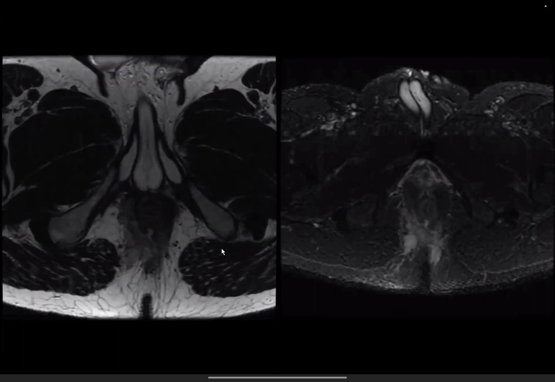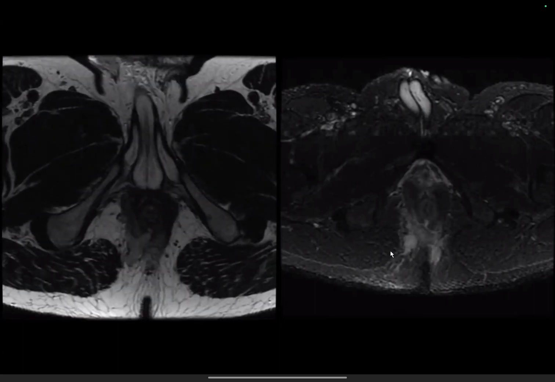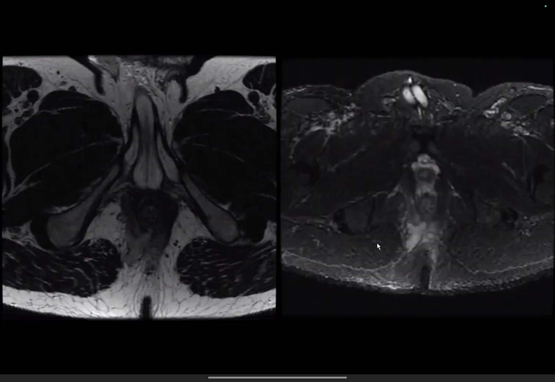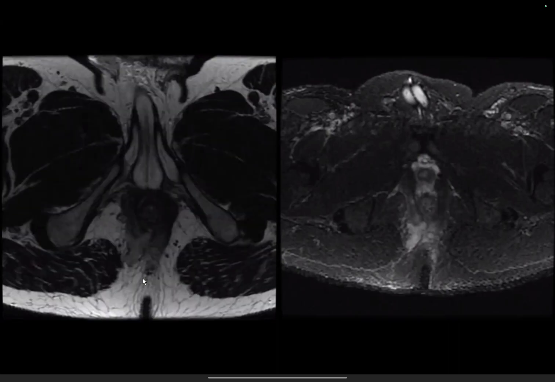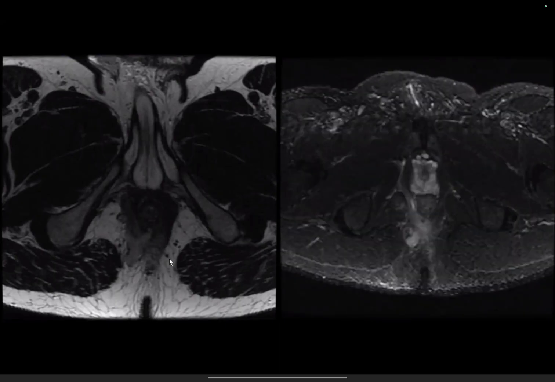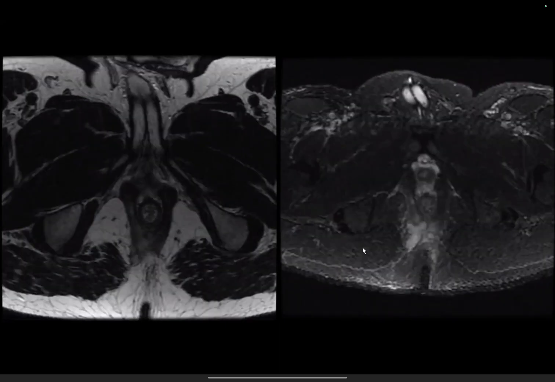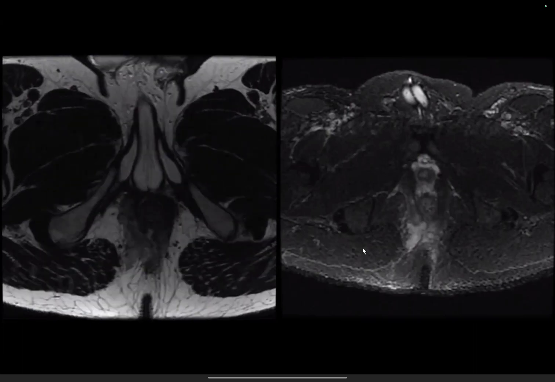Then my next question to you is, do you think this patient has an abscess, looking at these images? It's a collection. It means yes, it's not loculated, but it could be a collection. T2 intermediate signal is there with STIR hyperintense signal, so it could be an abscess. Excellent.